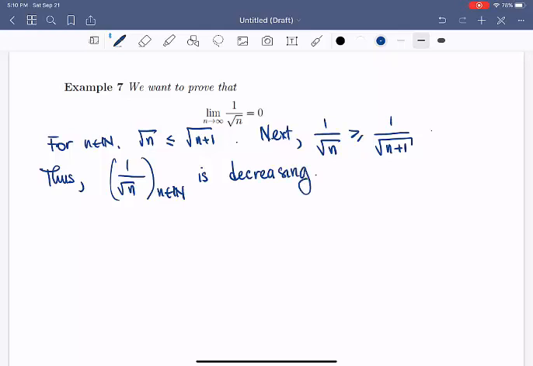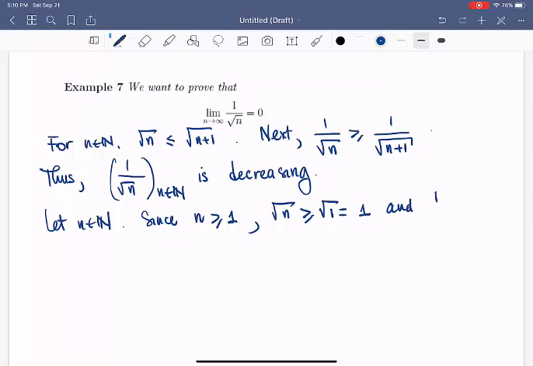Okay. Now, next we'll prove that this sequence is bounded, in fact. So to this end, let n be a natural number. Since every natural number is at least 1, then the square root of n has to be at least the square root of 1, which is also 1.